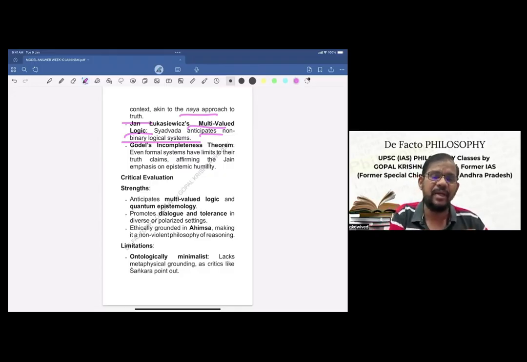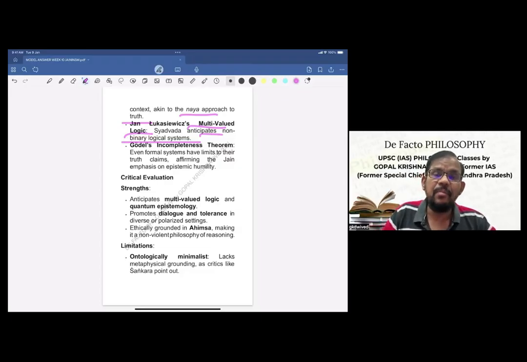Binary logic, again I will repeat: yes, no, exists, doesn't exist, true, false. Beyond binary logic, multi-valued logic is also there. That is the modern conception. So they say that yes, Syadwad has anticipated that. Therefore, it is a philosophy or epistemology much in advance of its times. That's their comment.